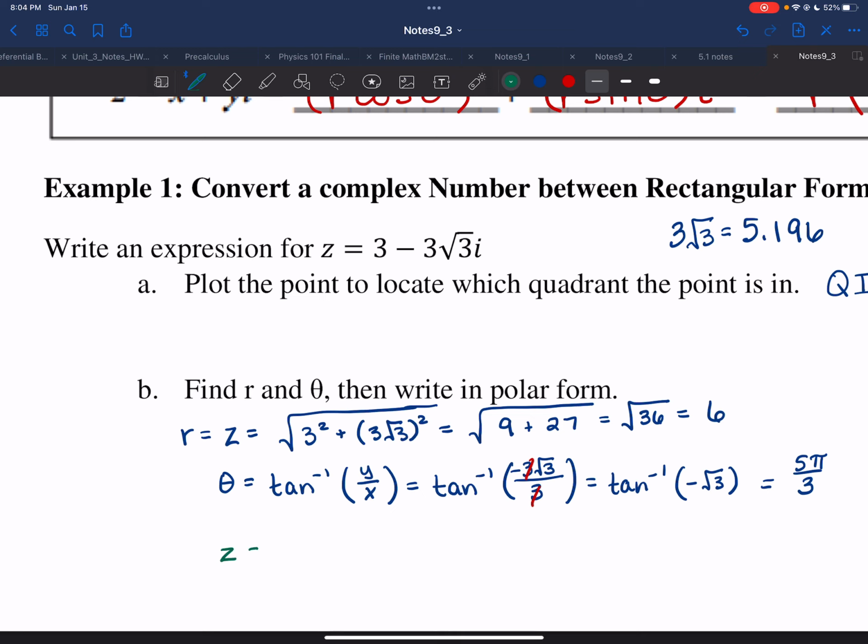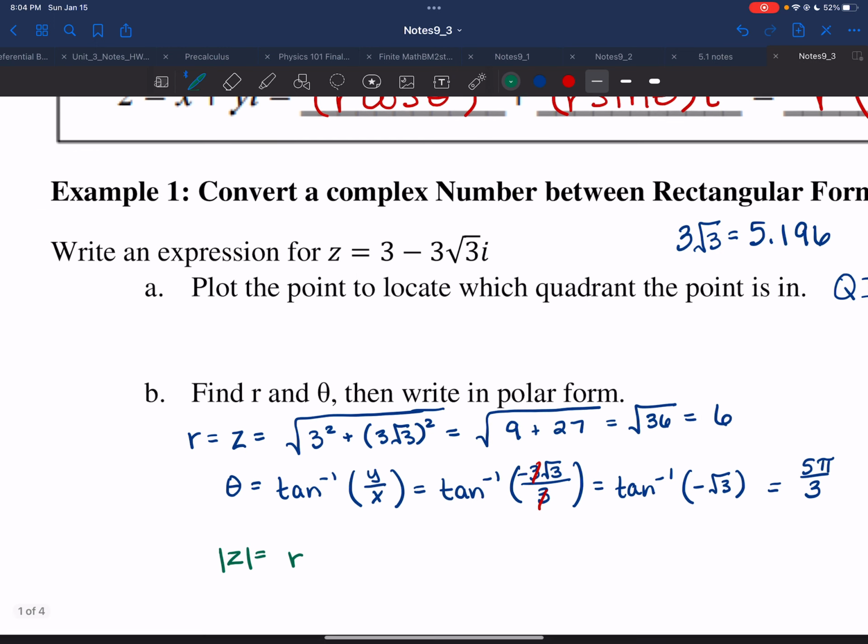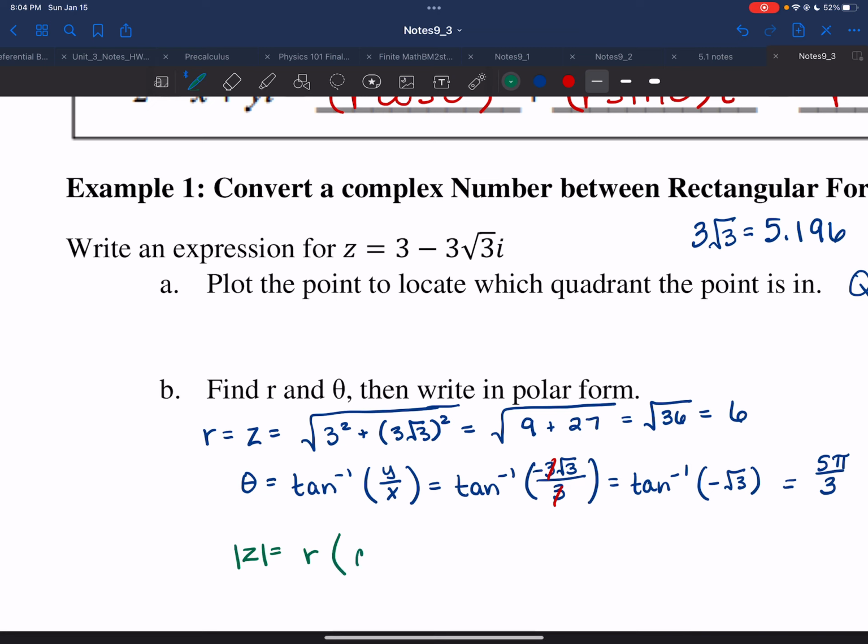So that will be z equals r cosine 5 pi over 3. And I don't need to put r. I can put the value that we got, which was 6, right? Because we have 6 here and 5 pi over 3. So z equals 6 times cosine 5 pi over 3 plus i sine 5 pi over 3.